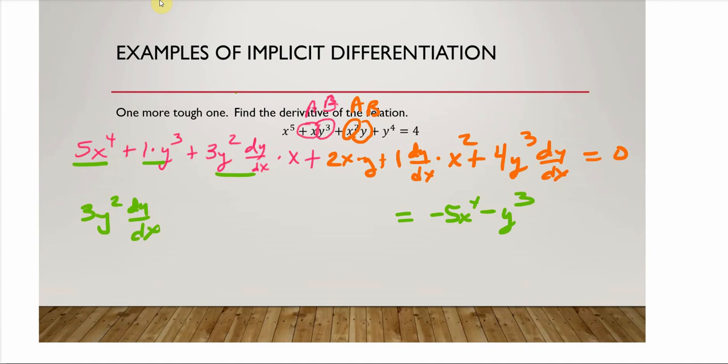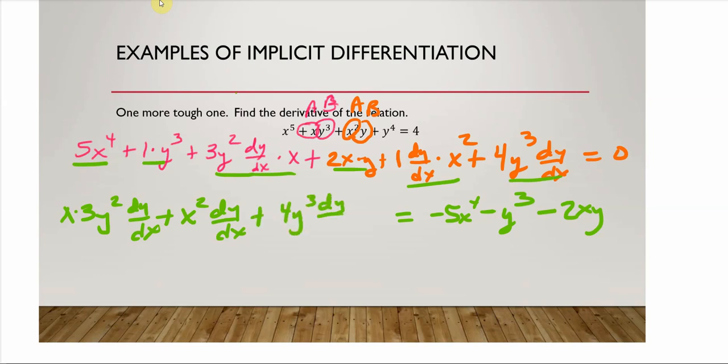Oops, I'm forgetting that x that's located there, so I'm going to put the x in the front here. The next one does not have a dy/dx, so I'm going to move it over, minus 2xy. This one does have a dy/dx, so it's going to be plus x squared dy/dx. And this one does have a dy/dx, so I'm going to be left with plus 4y cubed dy/dx.